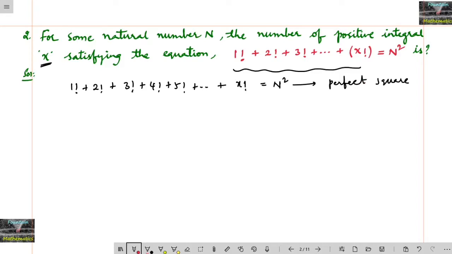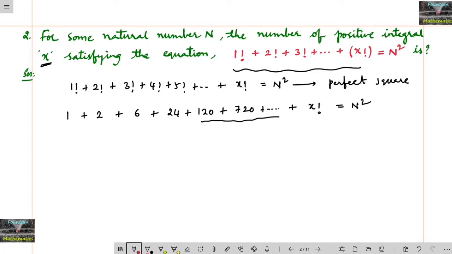Let us take these numbers up to some places: 1 factorial is 1, 2 factorial is 2, 3 factorial is 3 into 2 into 1, that is 6, 4 factorial is 24, 5 factorial is 5 into 24, 120, 6 factorial is 720, and so on, up to x factorial, equal to n square. And we can observe that from 5 factorial onwards, every unit digit will be 0.